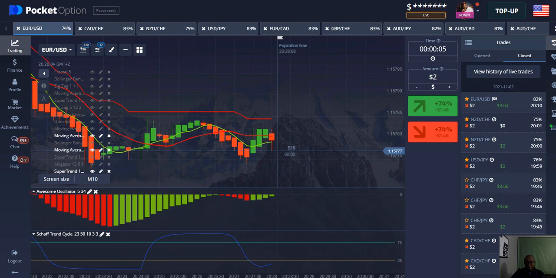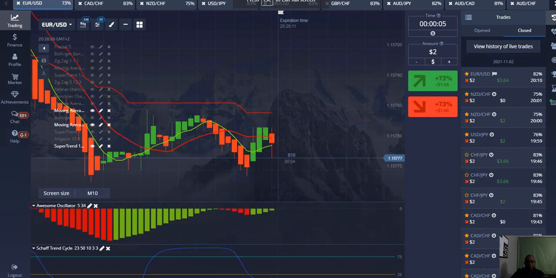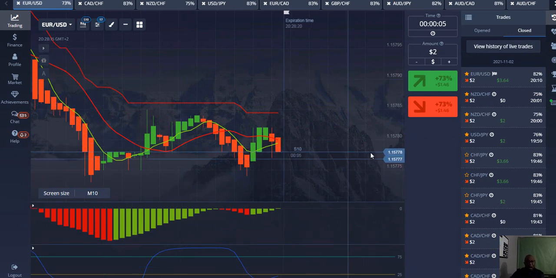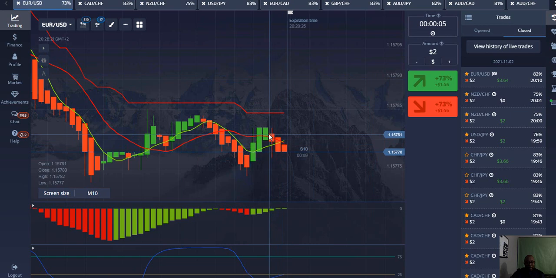And let me make this full screen. Okay, now the Heikin Ashi candles, which is what is so cool about these candles, each candle starts halfway through where the previous candle ended. All right, that's very, very powerful.